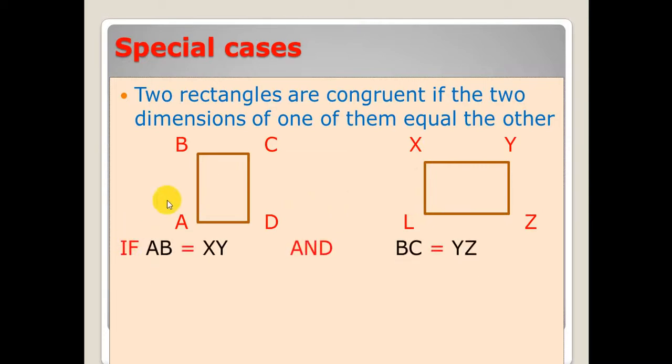This is the length and this is the width. AB equals XY and BC equals YZ, so ABCD is congruent to XYZL.